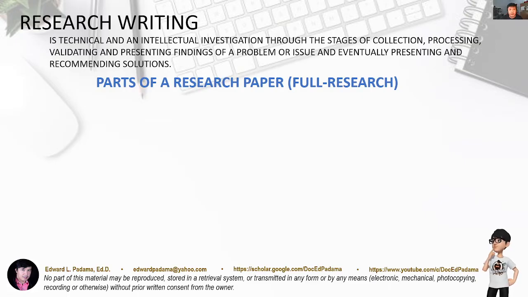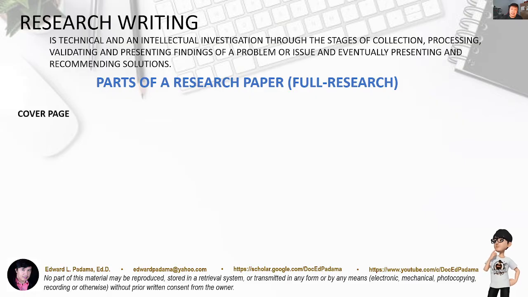So I hope you were able to take this down. You are not going to write a full research in purposive communication. Instead, you are going to write a proposed research, which will cover chapters 1 to 3 only.